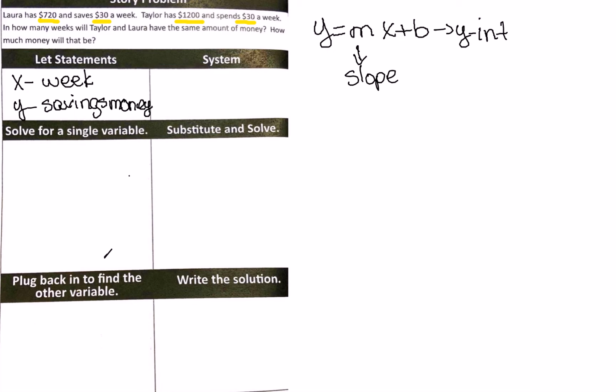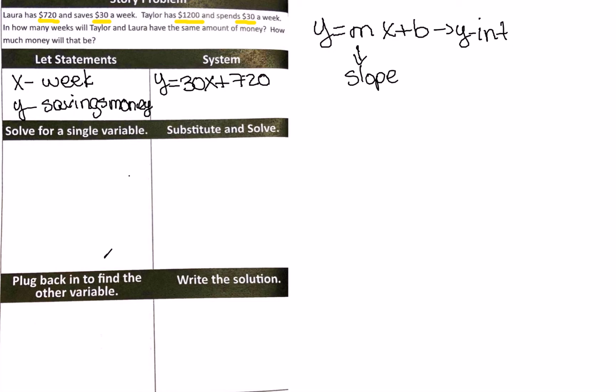So here I will have y equals 30, which is the rate of change for Laura, x plus her starting point, which is 720.